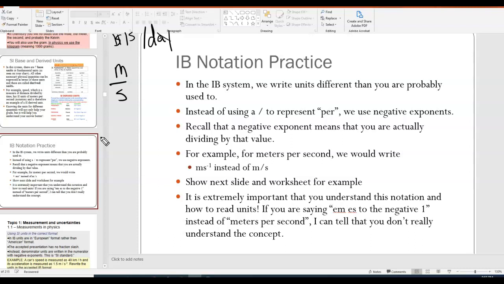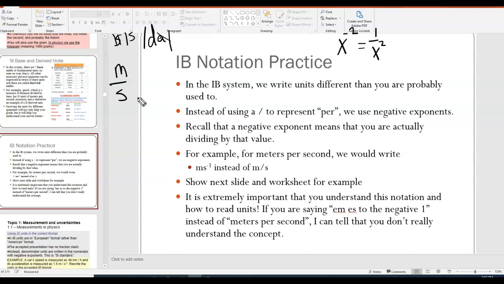Now in the IB system, instead of writing meters per second like this, we write it with negative exponents. Now, if you don't know what a negative exponent is, basically, if something has a negative exponent, for example, x to the power negative 2, that is equal to 1 over x to the power 2. So if something has a negative exponent, that means that quantity is on the bottom.